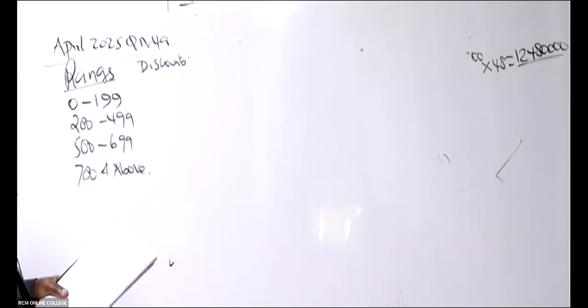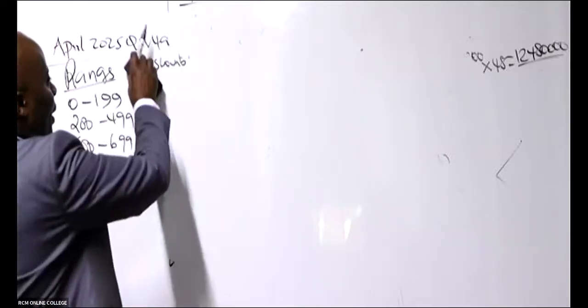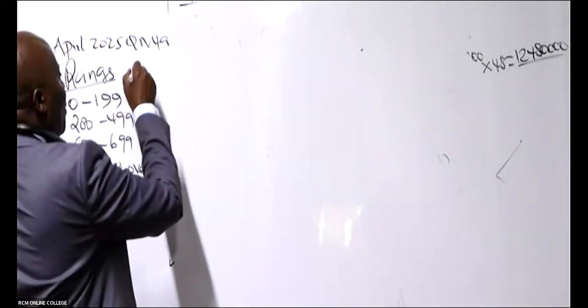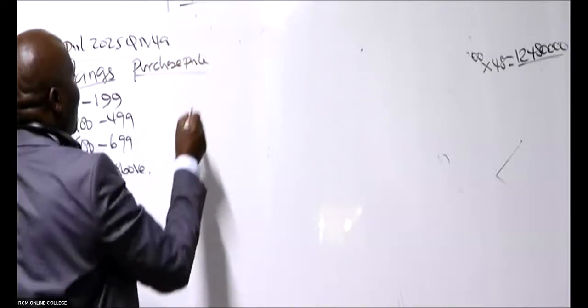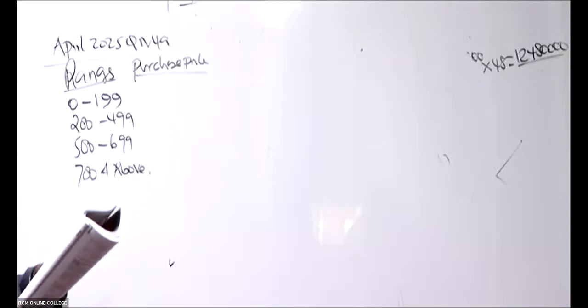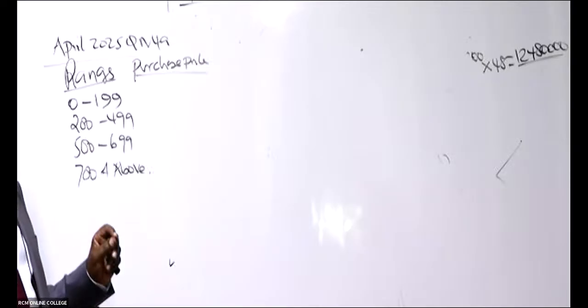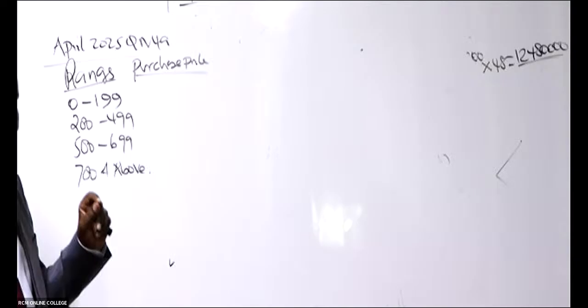So instead of writing that discount, we are bright people. We can just go ahead and write the purchase price. The first one that I'm seeing is that if we procure between 0 and 199, we shall get a 1% reduction in price because 1% is the discount.